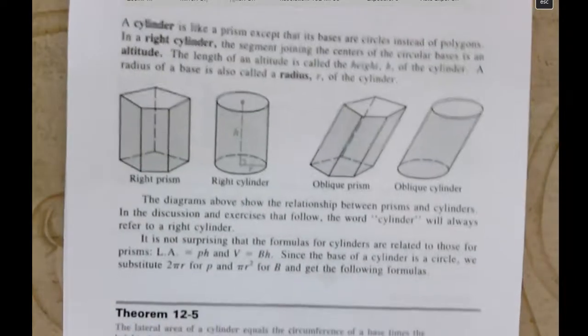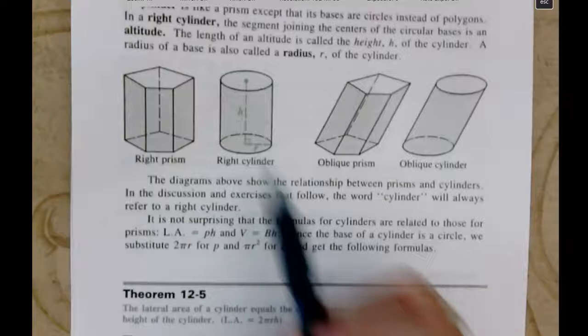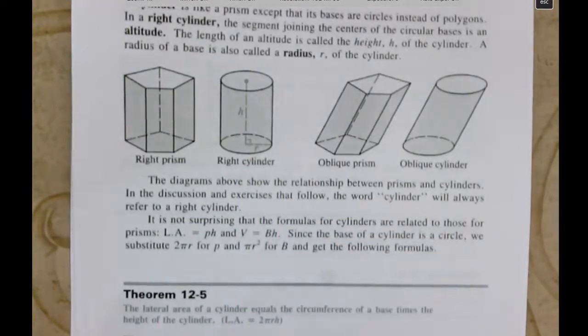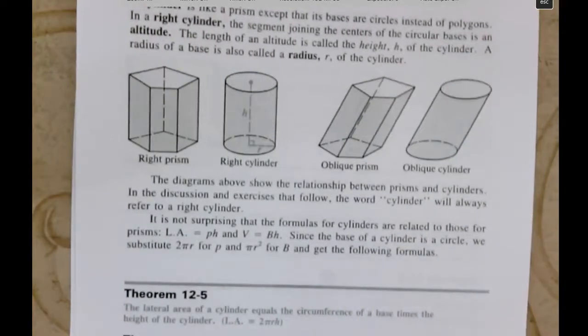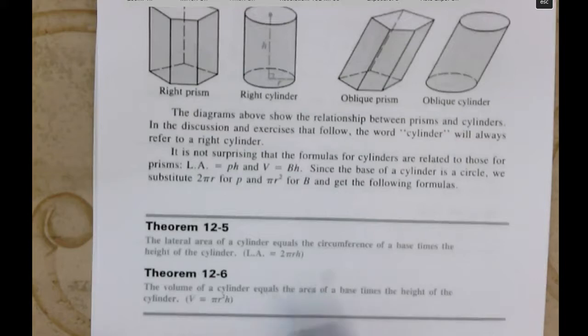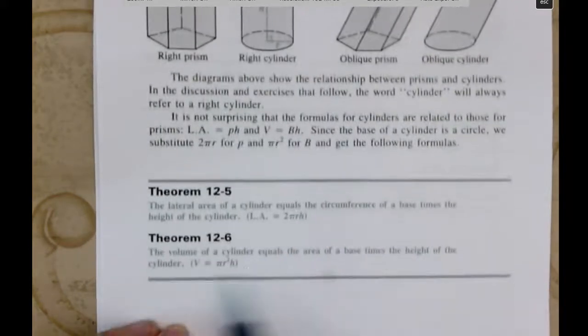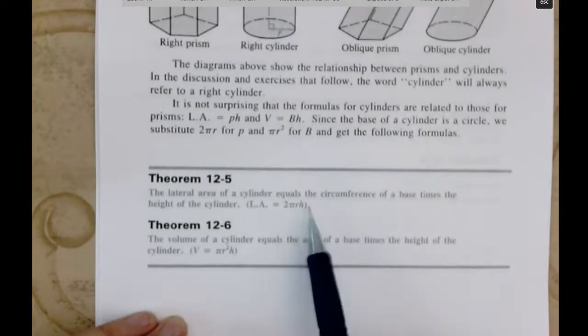Okay. And the terms are the same, the radius, the height, or the altitude. It's really no new terms other than, let's see. The lateral area is 2 pi r h, and the volume is pi r square h for the cylinders.